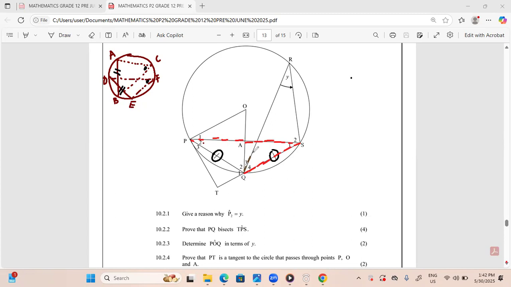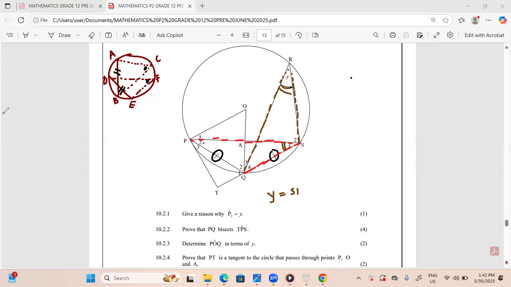It's angle R. So the angle Y and the angle S1 are equal. These are the angles subtended by equal chords. So I see that Y equals S1.